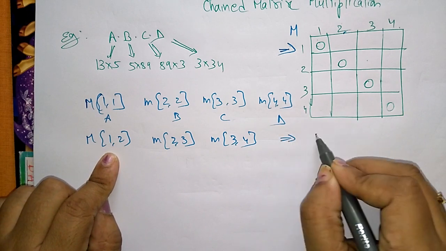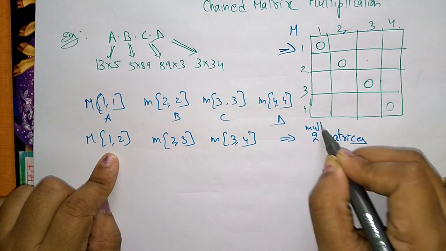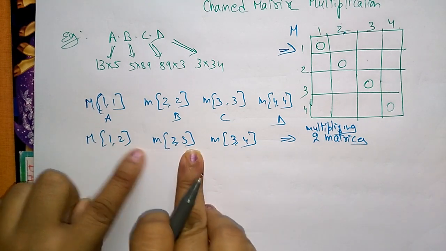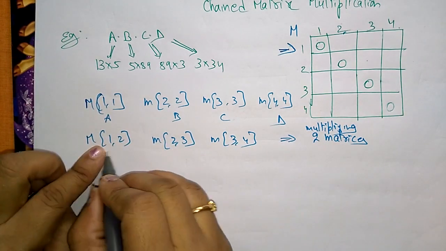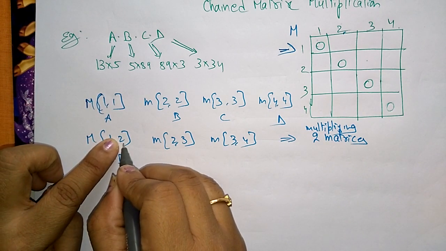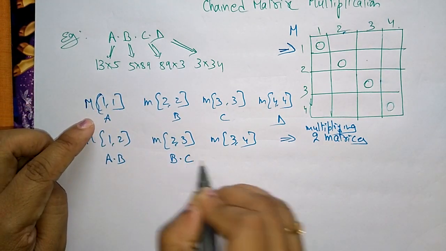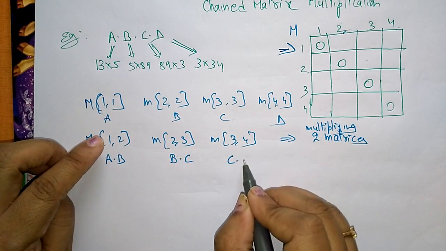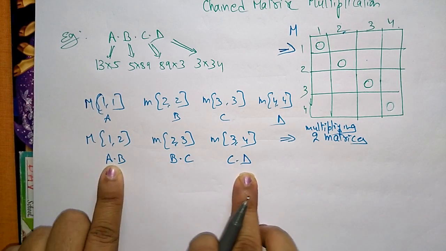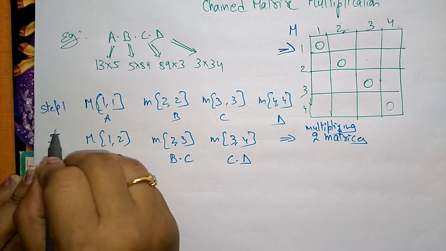Here we are just multiplying two matrices: 1, 2, then 2, 3, then 3, 4, like that. 1, 2 means A dot B: 1 is A, 2 is B. And 2, 3 means B dot C, and 3 means C, and 4 means D. So we have to find the value of A dot B, B dot C, C dot D. This is step 1, step 2.